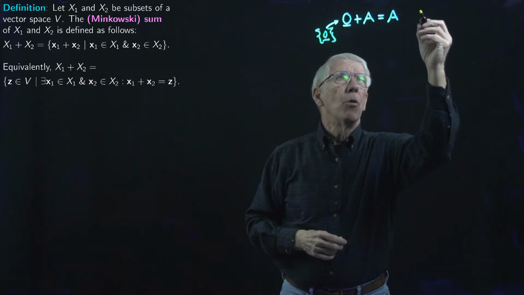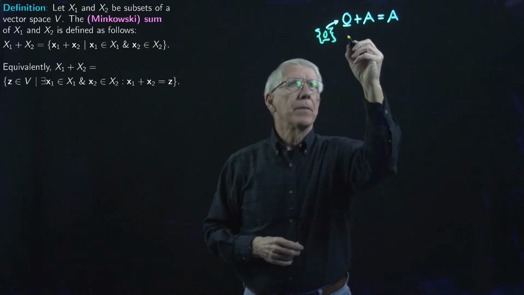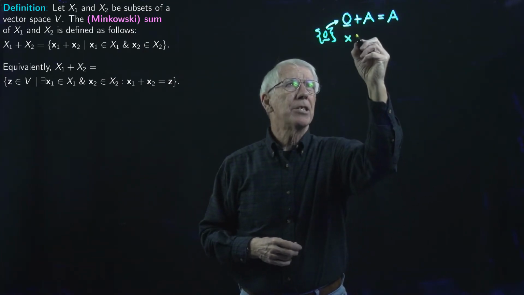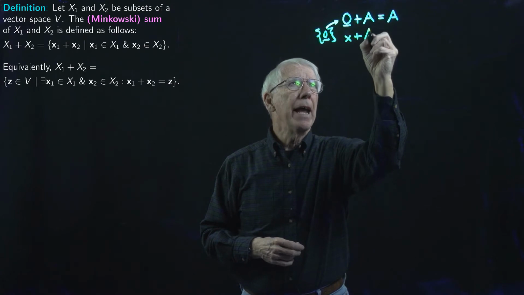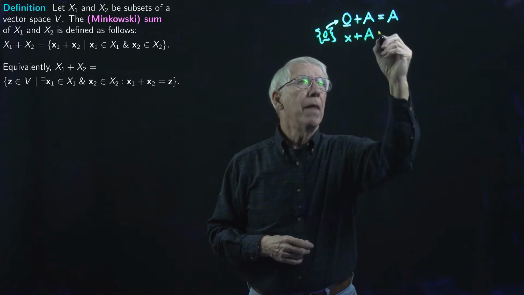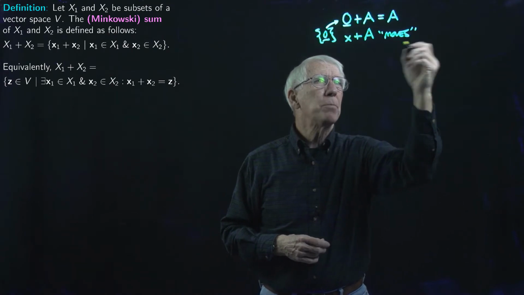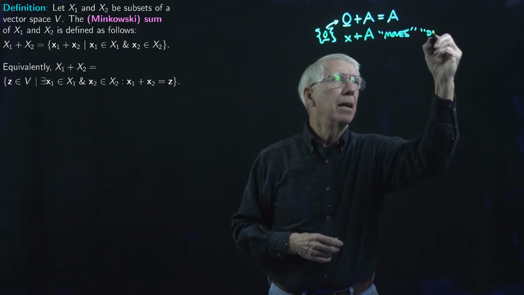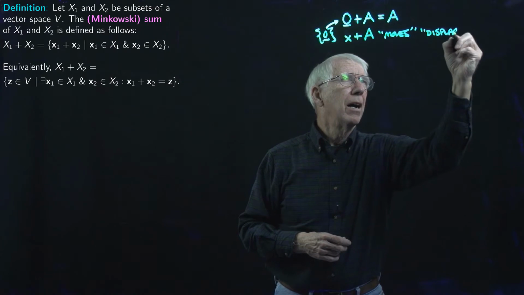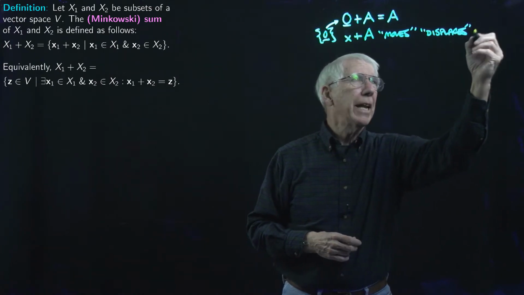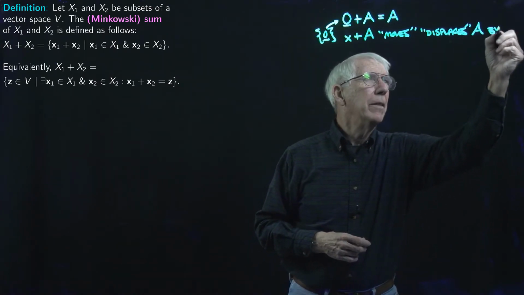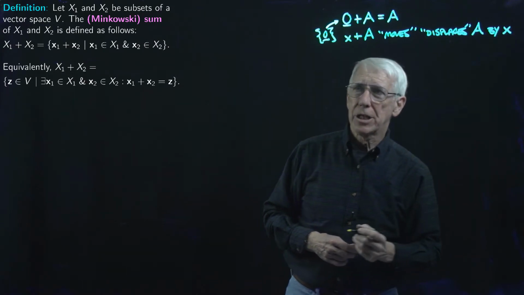And let's point out that if we have any singleton vector x and add it to a set A, that moves or displaces the set A by the vector x.